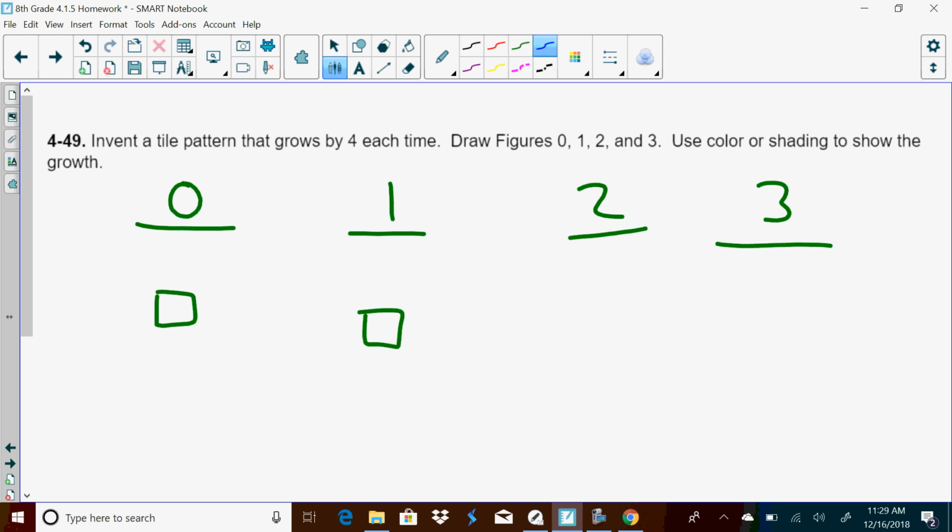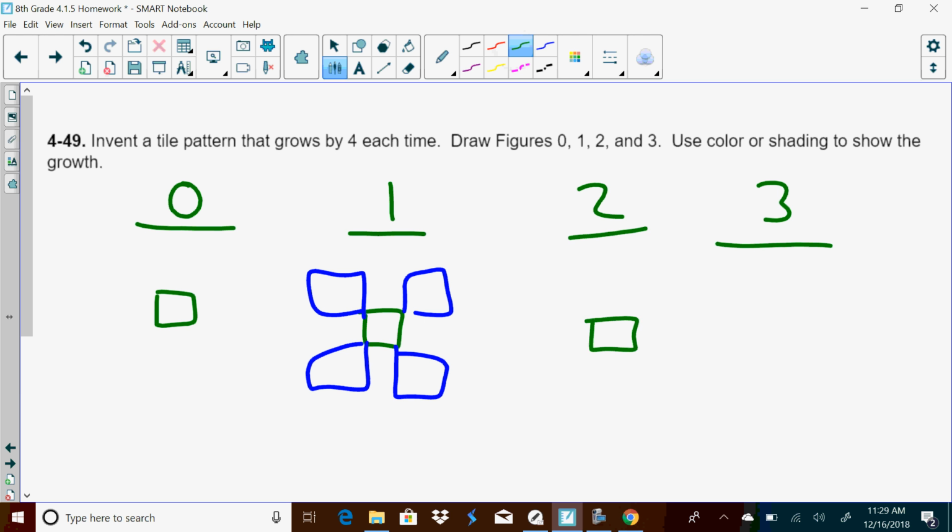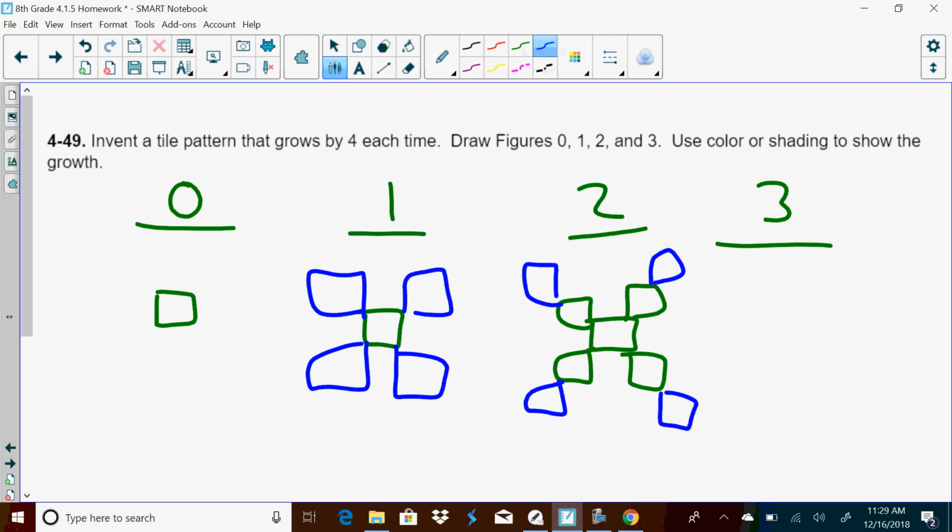So I'll change colors. I just did this. But it could be anything you wanted. And then for the next one, I still had 1 in the middle. But I added 4 more to the edges. Then I did the same thing in the last one.